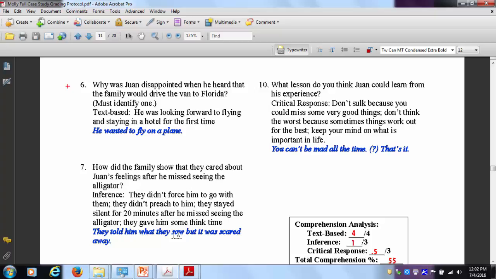The question directs attention to their motives. His response focuses on the details. All right? Question was on their motives. His response, the details. So we have no credit here.